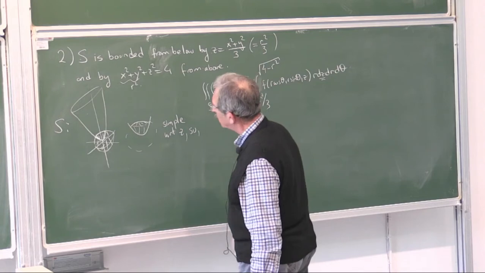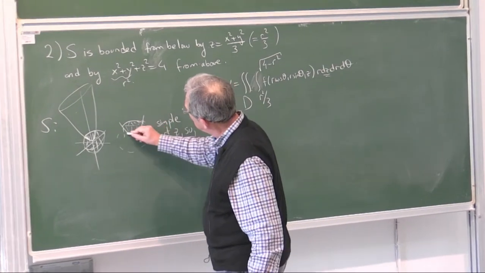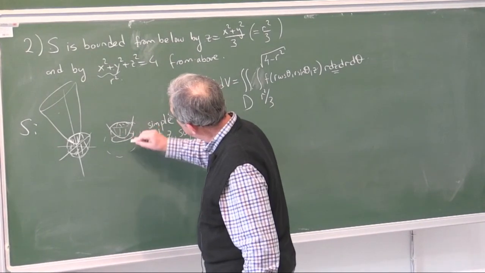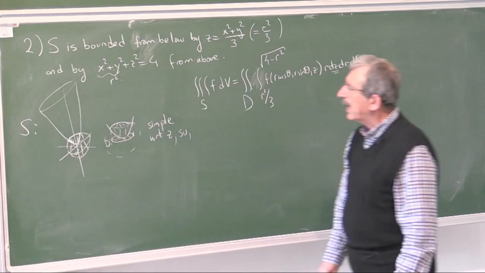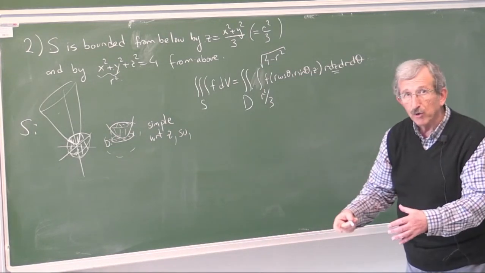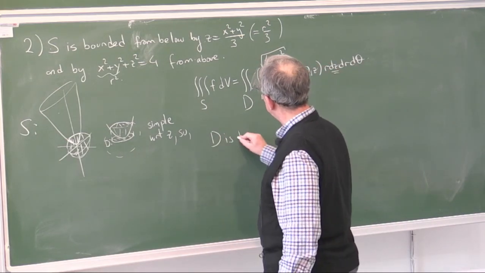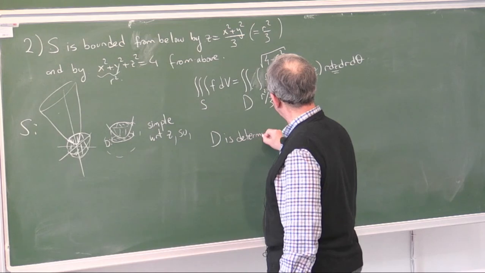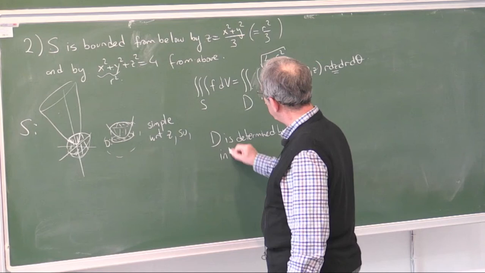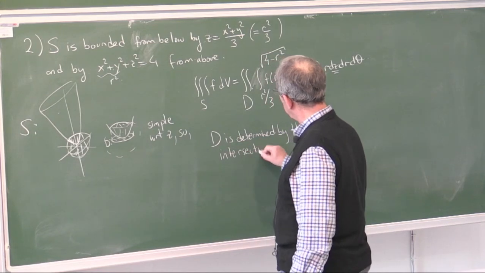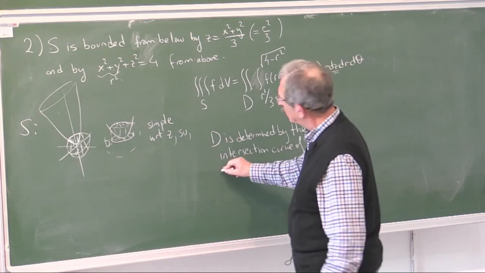And the rest, okay, the rest is over D. Well, D is clearly, from here, something like this. This is our D. And it is determined by the intersection curve of the two surfaces.